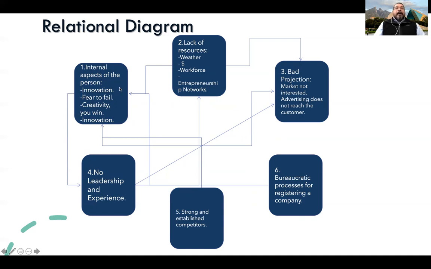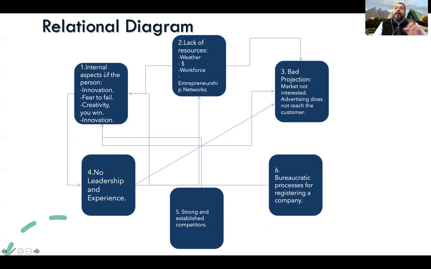For example, not having innovation, having fear to fail, not being creative enough causes that we don't have enough money, that the workforce is not well equipped, or that we do not have entrepreneurial networks, or otherwise. In this exercise, the group decided that the lack of resources causes the internal aspects of the person. So the arrow goes from 2 to 1, representing that number 2 causes number 1.